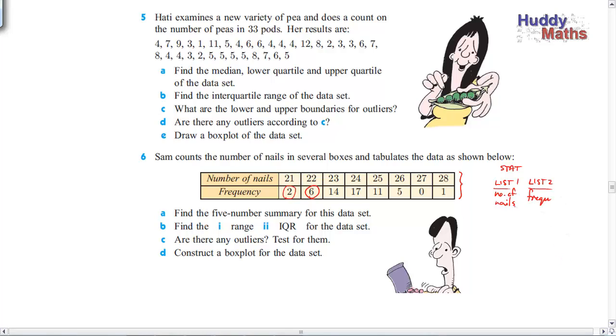And don't forget, if you're doing a box plot, you might as well go straight to graph, which is F1. Once you've listed those, then go to set, and don't forget XList is list 1 and frequency has to be set at list 2. So set on the calculator is important, telling the calculator that you have different frequencies or occurrences of each of those values.